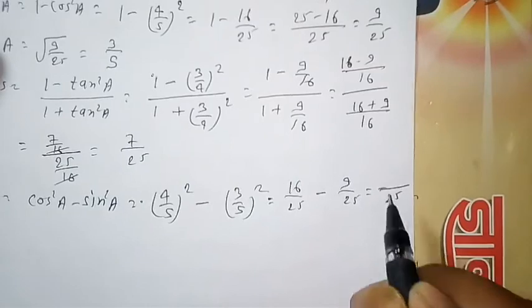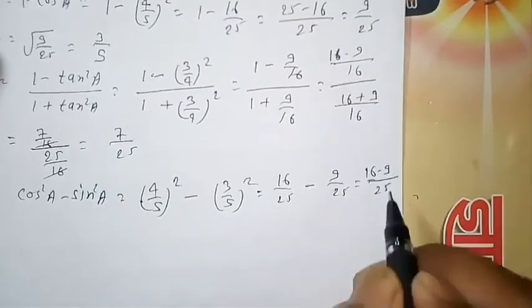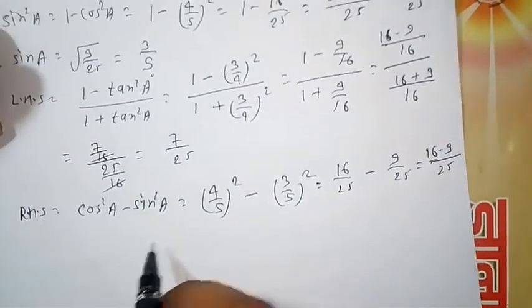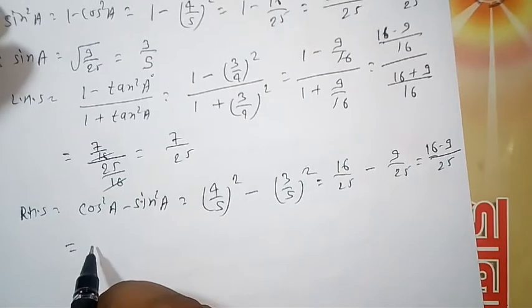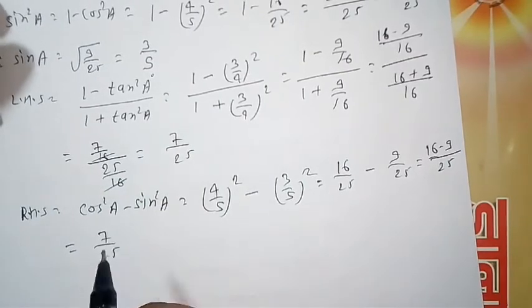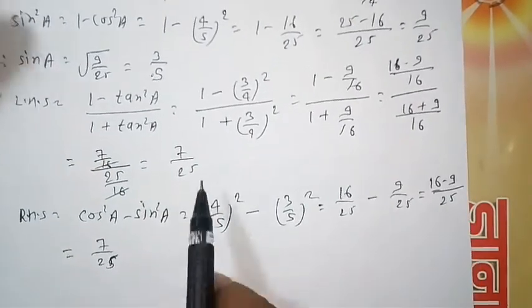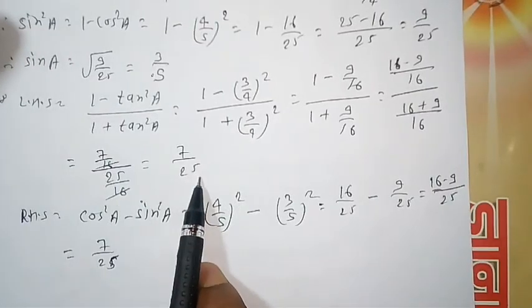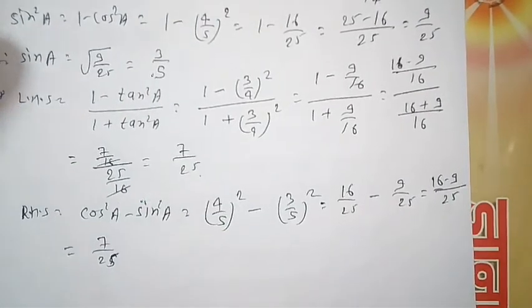LCM 25, 16 minus 9 is equal to 7 by 25. LHS is equal to 7 by 25, RHS is equal to 7 by 25.